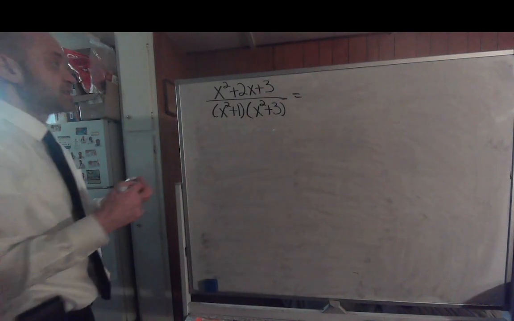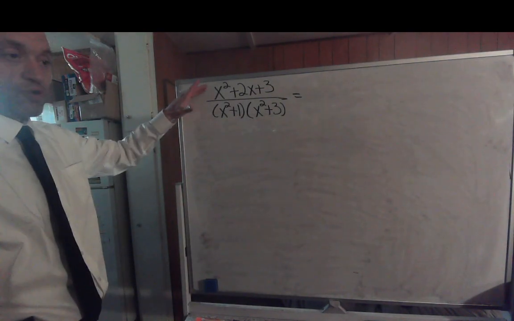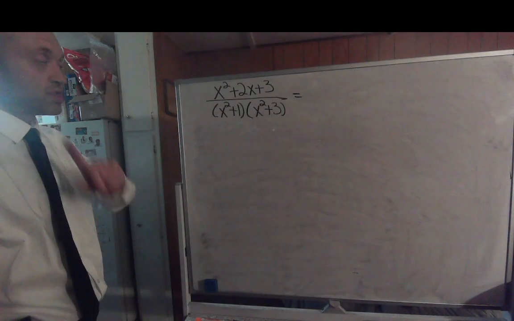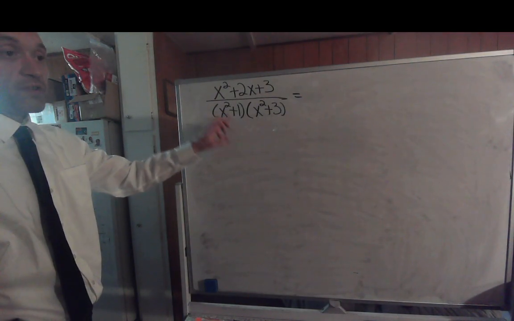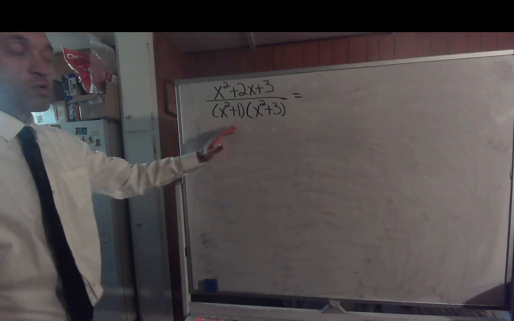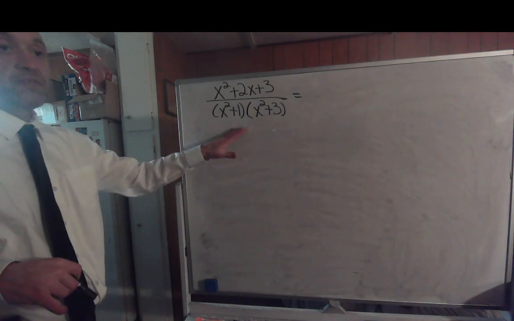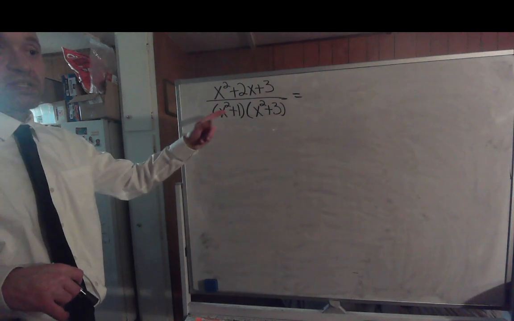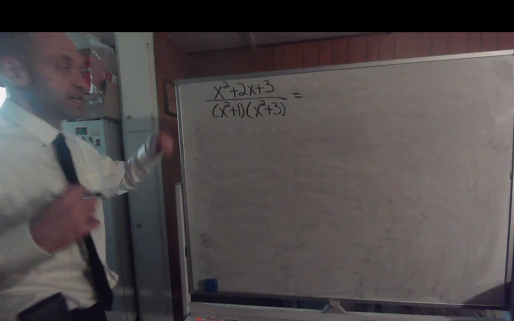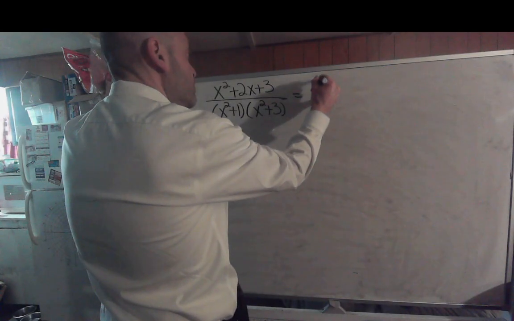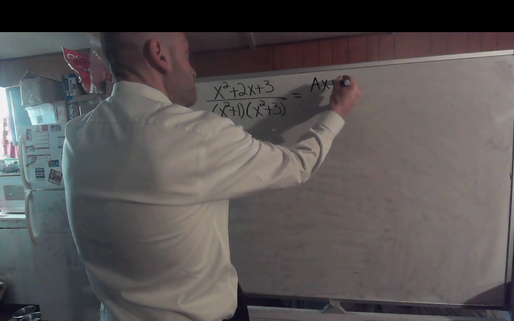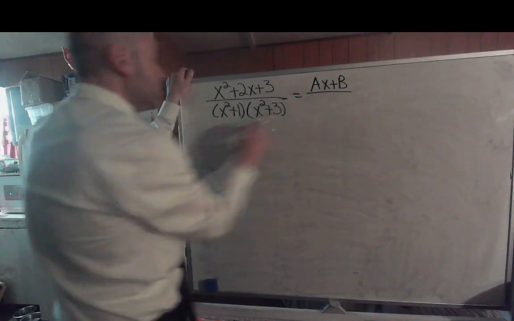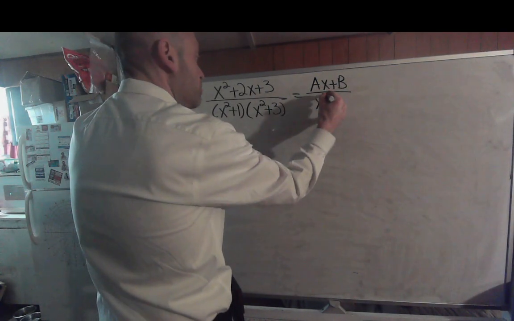Well, you got to consider first the degree of your numerator is less than the denominator, which is good. Now consider your first non-factorable quadratic factor. The degree of your first numerator still needs to be 1 degree less than the degree of your denominator. So that should end up being Ax plus B all over my x squared plus 1.